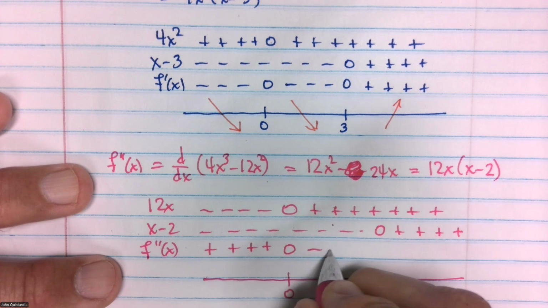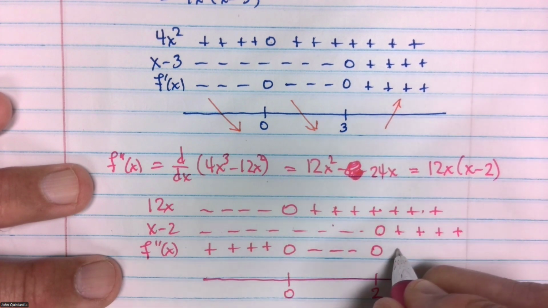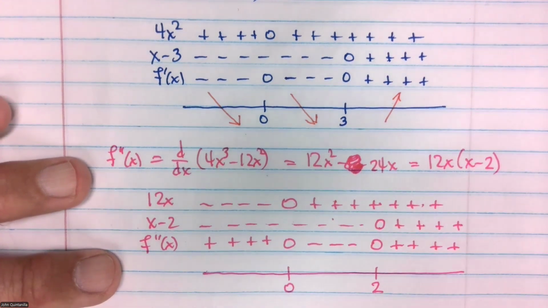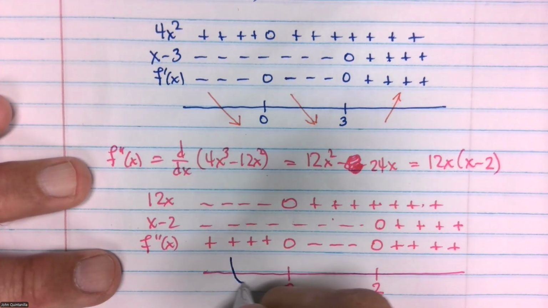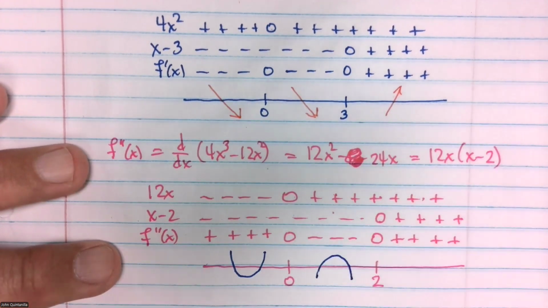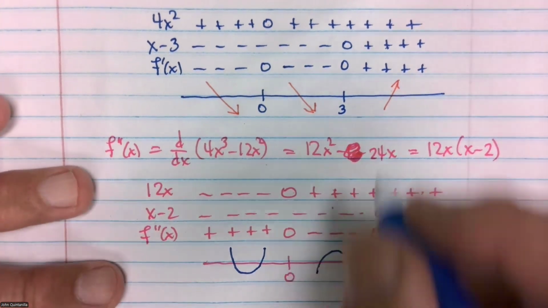Positive times negative is negative. Positive times 0 is 0. Positive times positive is positive. And so the practical upshot is that the graph is going to be concave up to the left of 0. It is concave down between 0 and 2. And it is concave up to the right of 2.